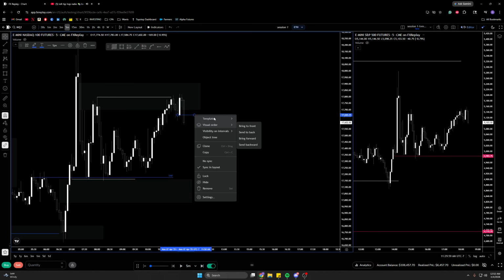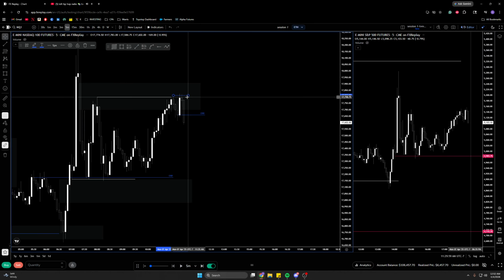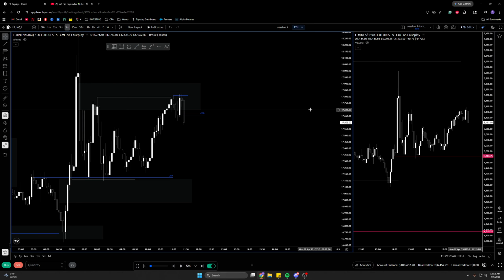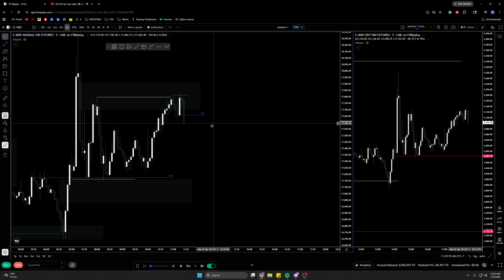So now what I'm seeing is a change in the state on this 5-minute. We have one last manipulation happening inside of this gap.